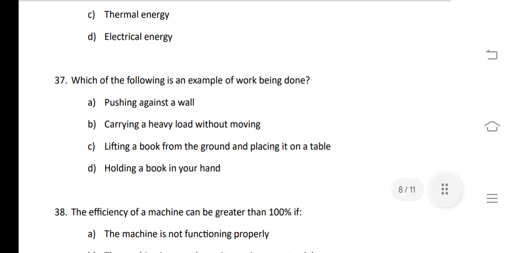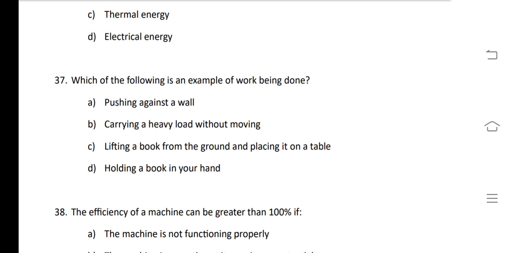Which of the following is an example of work being done? In this question it is asked in which case we will consider that work has been done. Option number C says we are lifting a book from the ground and placing it on the table. We displace the object using some force, so there is some work done. In the first case, displacement will be 0, so no work is done.